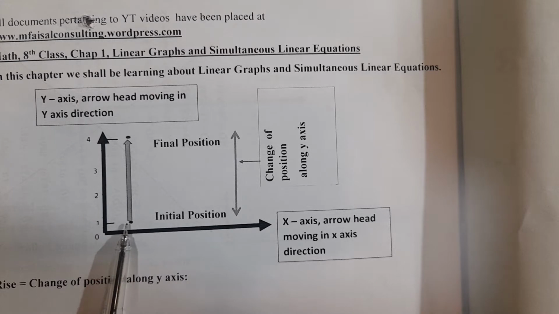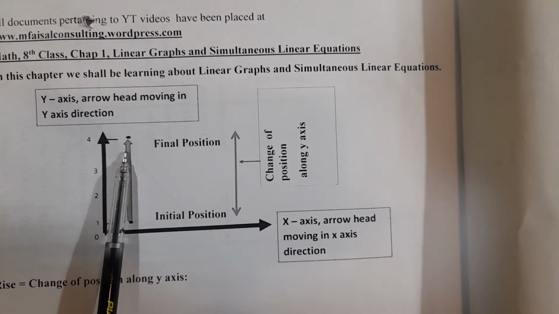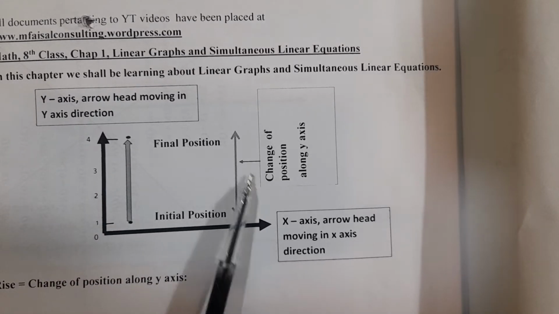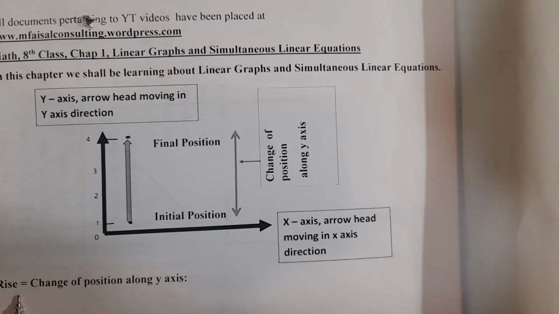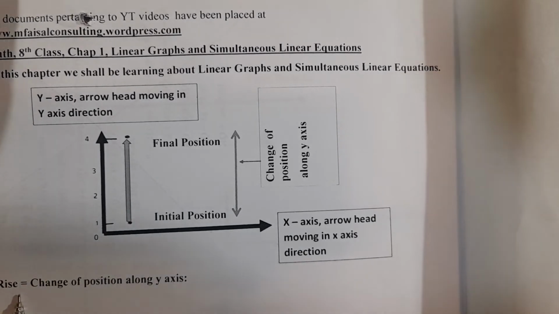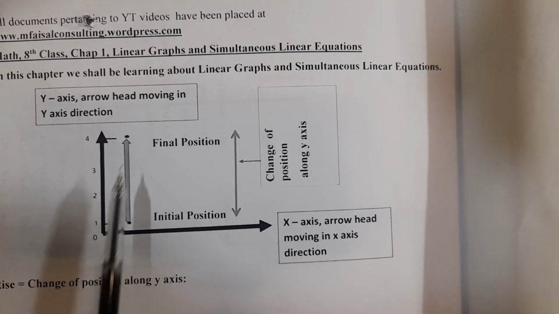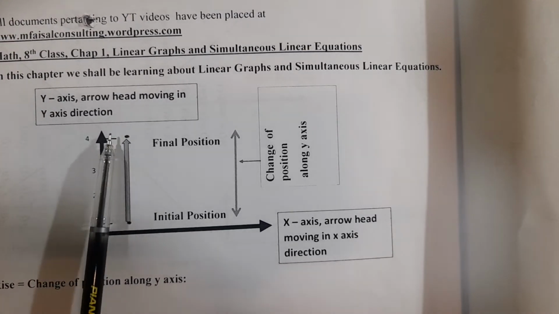In case a point's initial position is here at point 1 and final position at point 4, then the change of position along the y-axis will be called rise. So the definition of rise is the change of position along the y-axis.